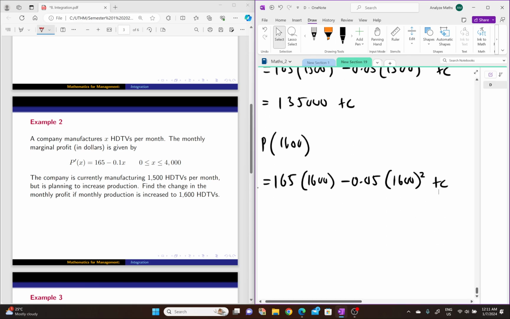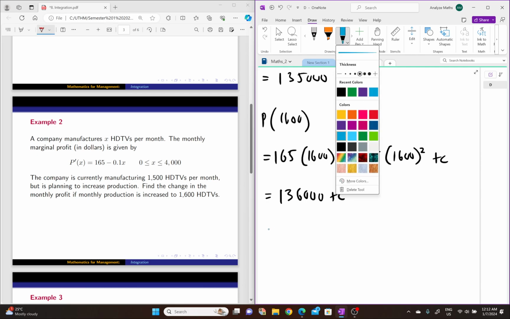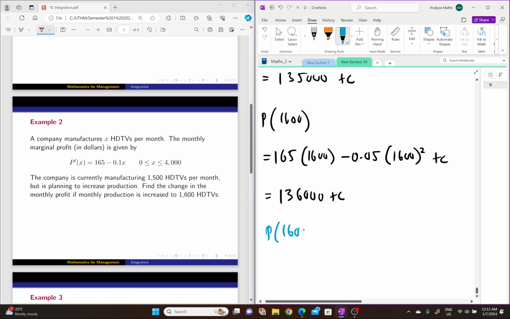Plus C. This is the profit. So when we minus, we want to see what is the change.